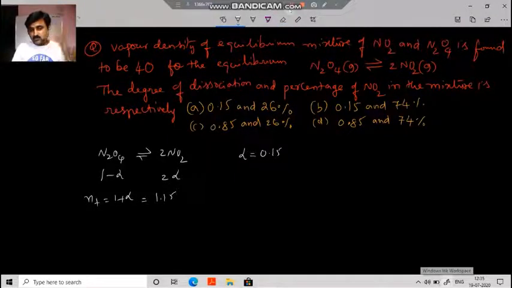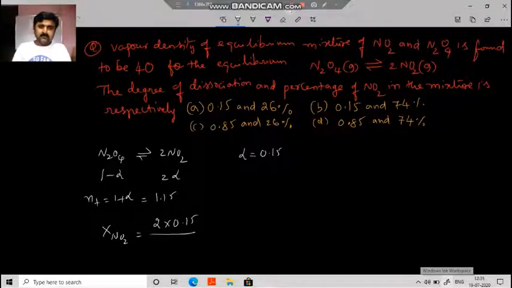So what is the mole fraction of NO2? Mole fraction of NO2 is nothing but 2 into 0.15 divided by 1.15, that is 0.30 by 1.15.